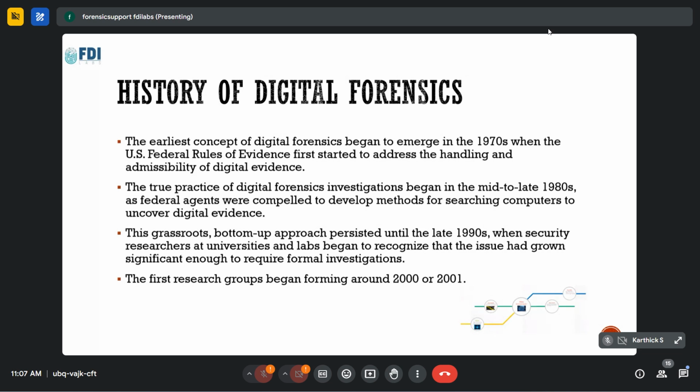So we read that the earliest concept of digital forensics emerged in the 1970s, when the US Federal Rules of Evidence started handling the admissibility of digital evidence. After that, in 1992, the term digital forensic appeared in academics, and then the Scientific Working Group on Digital Evidence, called the SWGDE, published a book called Best Practices for Computer Forensics in 2002.